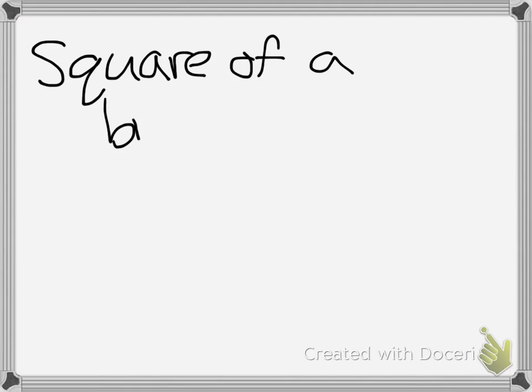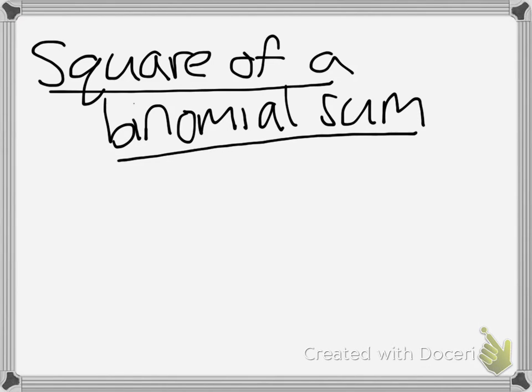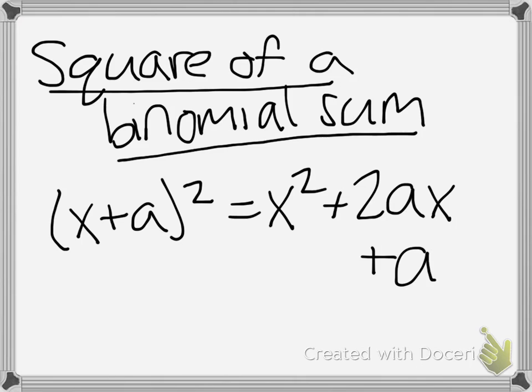When I have what I just had there, which is the square of a binomial sum, that is, a binomial with addition as its operation in the middle, and I squared it, I'll think of that as x plus a squared. So in my last example, x was x and a was 2. That's always going to be equal to x squared plus 2ax plus a squared.